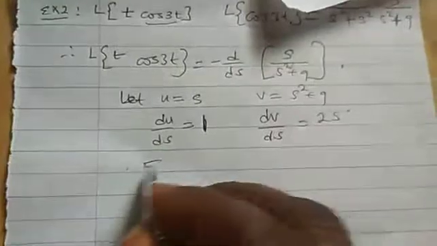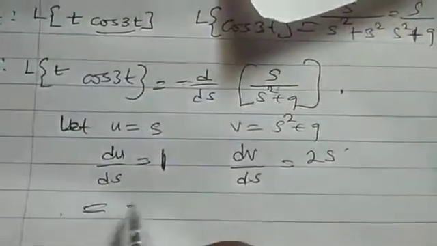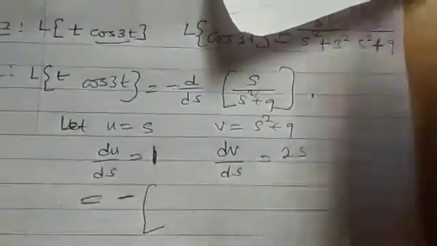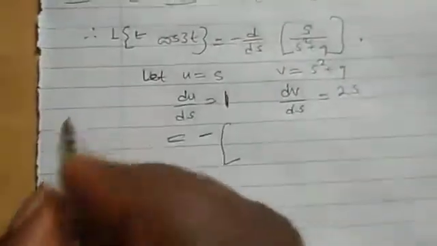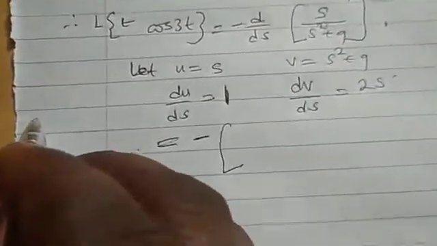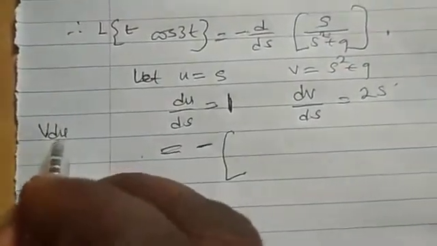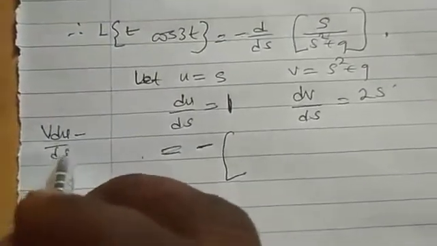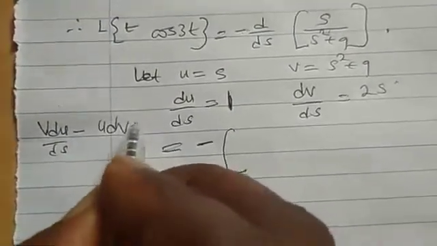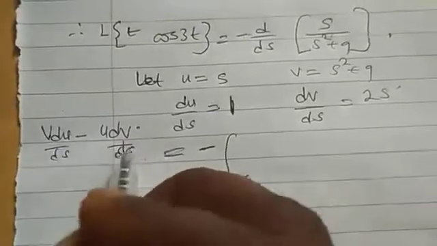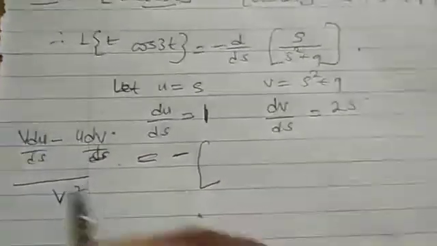So my answer will now be, let me bring the minus. You can still call the formula for quotient rule: v du/ds minus u dv/ds over v squared.